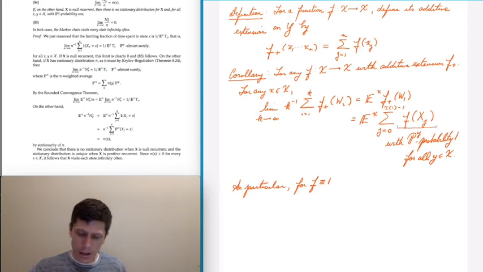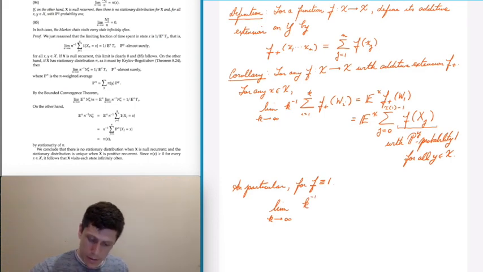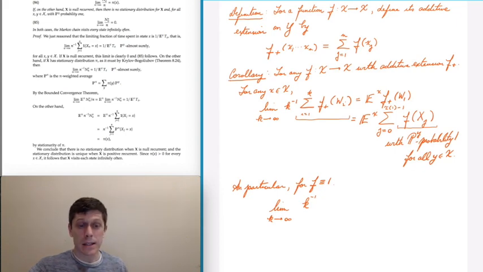Then what's going on here? Well, this is the sum of 1 over the length of time of an excursion. All that we observe here is the limit as k goes to infinity. So this is the length of the first excursion, and this is the time of the kth hitting time, the kth occurrence.